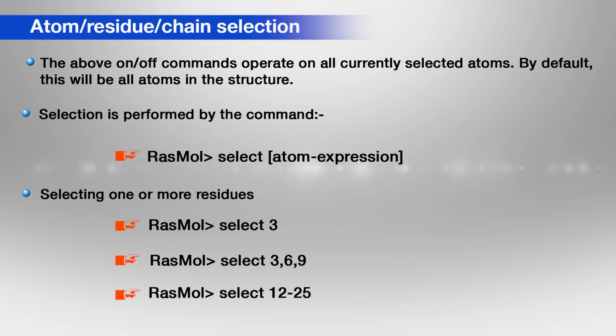If you want to select more residues, simply give the command select 3, 6, 9. Or if you want to select a range of residues, simply give the command select 12 to 25, and so on. These 3 commands select a single residue, 3 individual residues and a range of residues respectively.